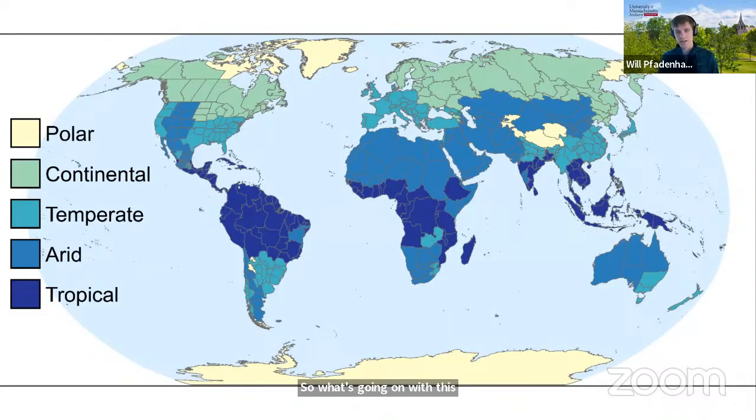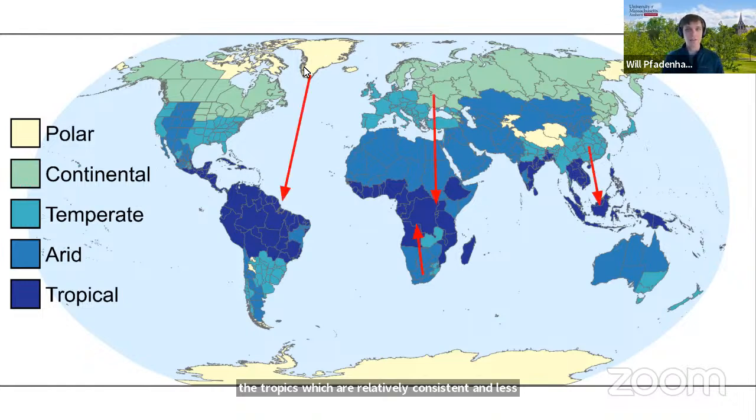We dug into these results a little more, and what we found is essentially that species can move into the tropics from any of the other climates because they're coming from harsher climates and moving into the tropics, which are relatively consistent and less variable. So we have species moving from polar regions, from continental, from arid, and from temperate regions into the tropics.